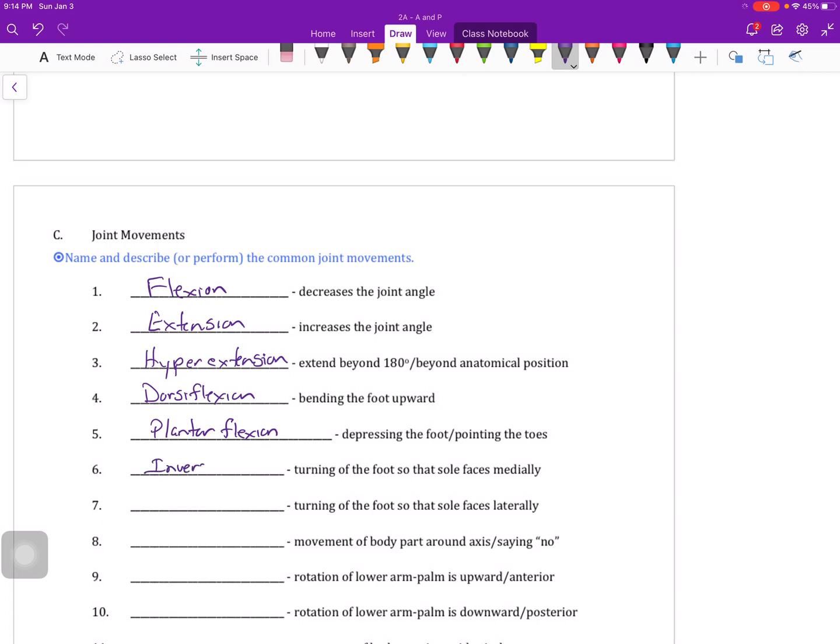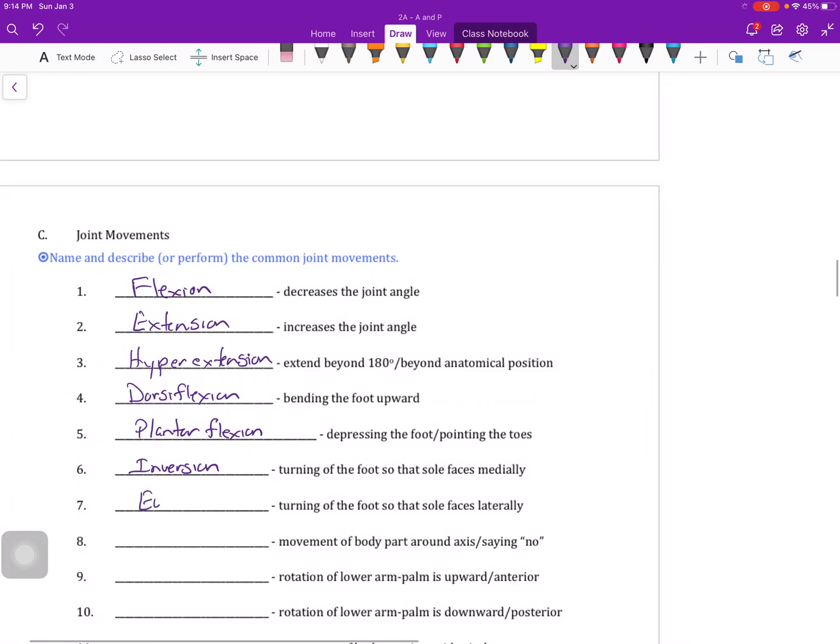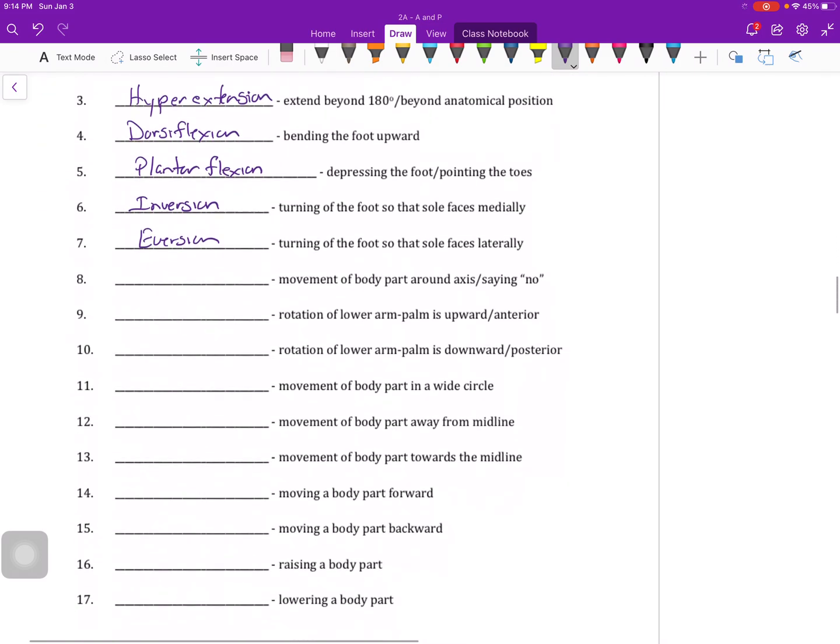Inversion, turning of the foot so that the sole faces medially. It's kind of like rolling your ankle there, turning your foot inward. And then eversion, which is turning of the foot so that the sole faces laterally.